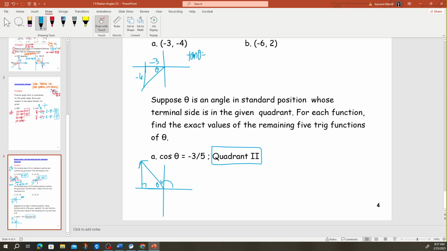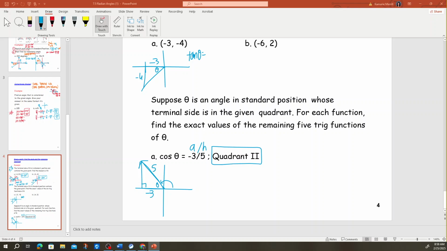So go from here. Cosine of it is negative 3 over 5. Where do I put the negative 3 and where do I put the 5? Your radius of your circle will never be negative. Your radius is always positive. Negative 3 is the adjacent. Good.